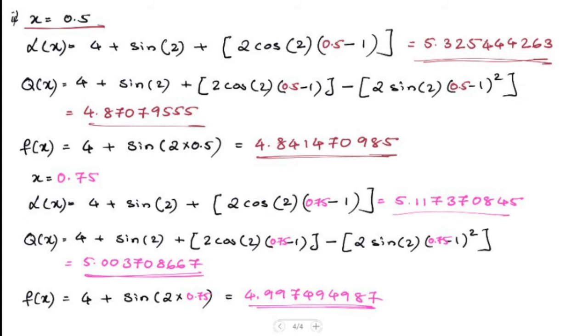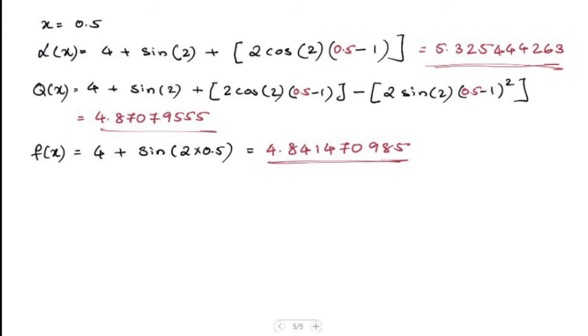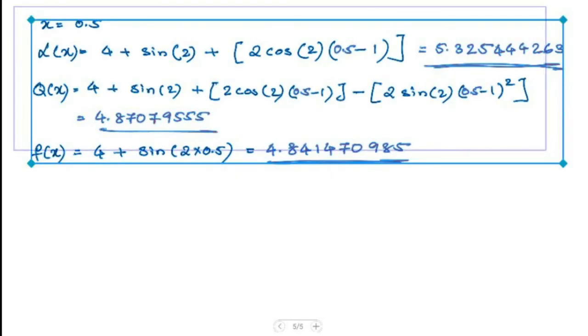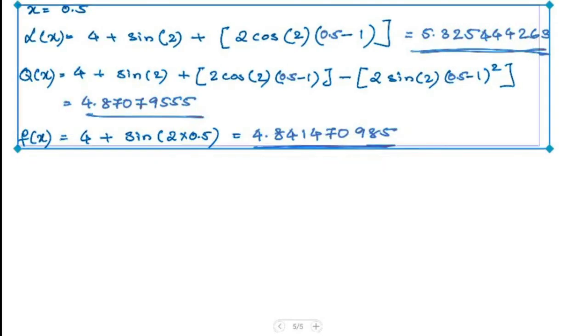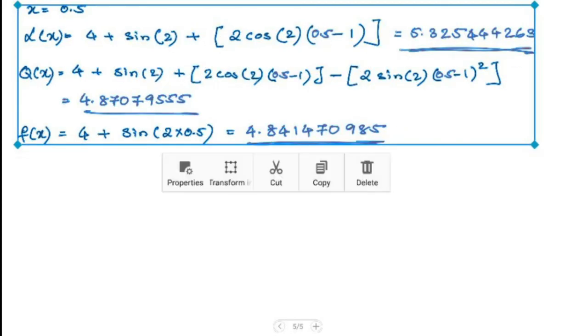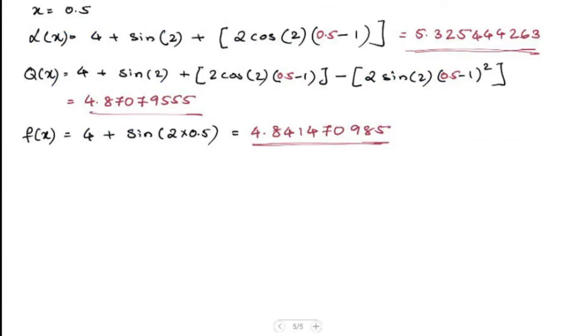So let's go ahead and calculate for the rest of the x values. So our x value now will be 1. Of course that will give us different values here.